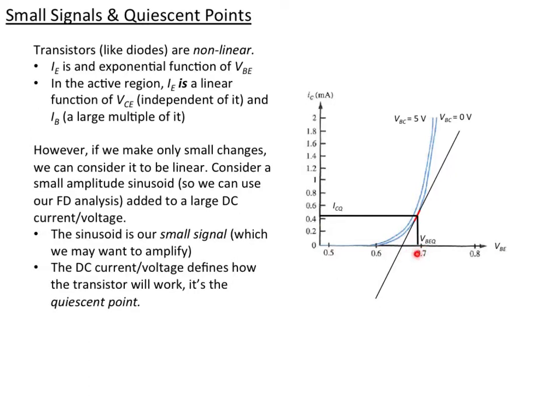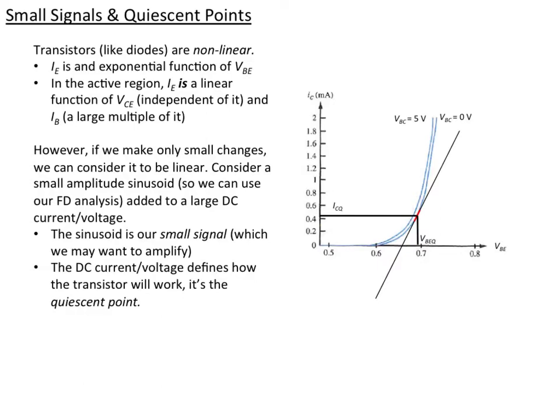So only a small change here means we get a small change here, and we can just take the slope of this line as the function as long as we are only making small changes and we have this linear region. The changes have to be small enough that we can consider it to be linear within that region.